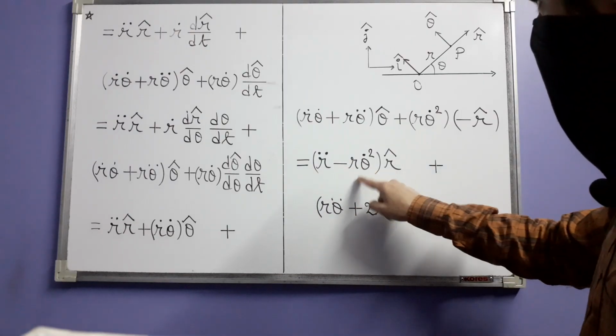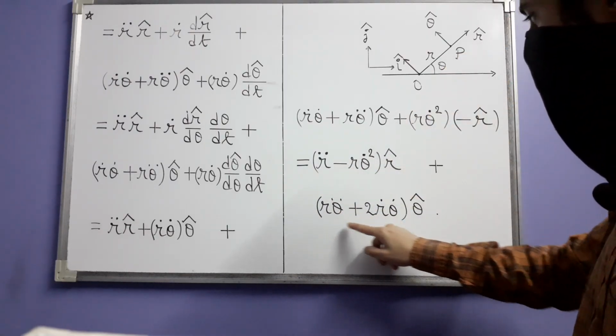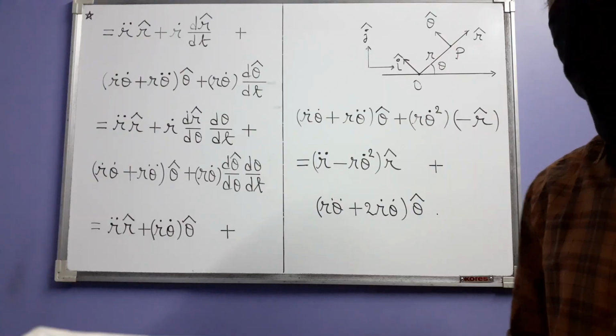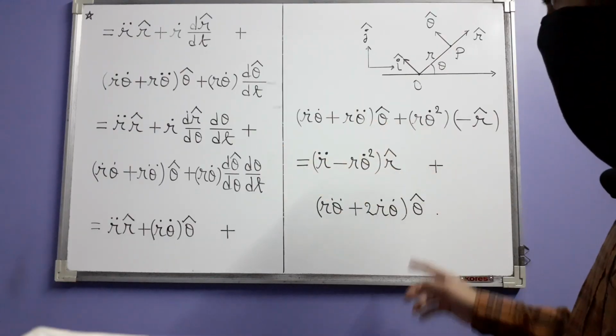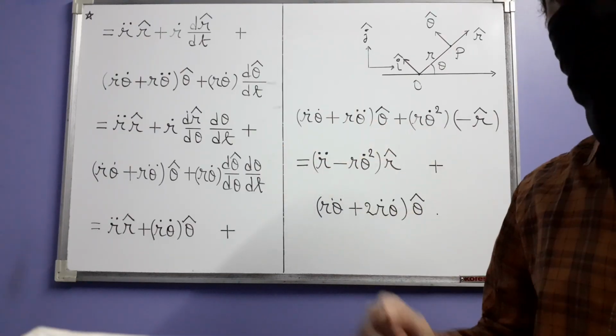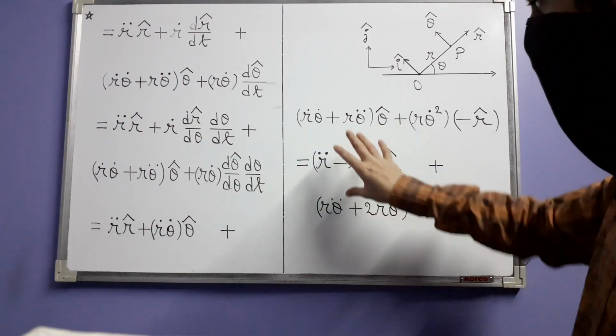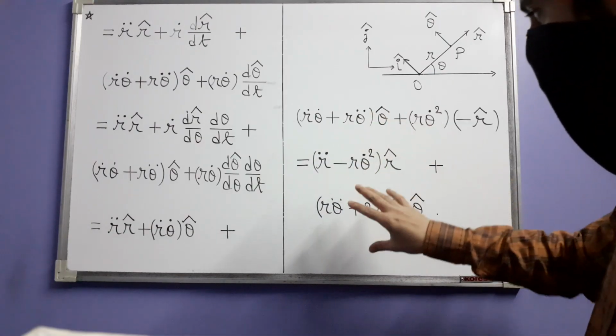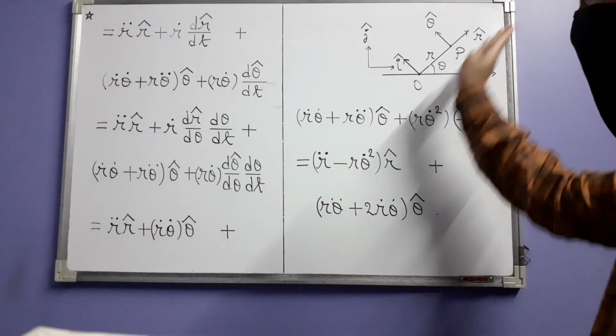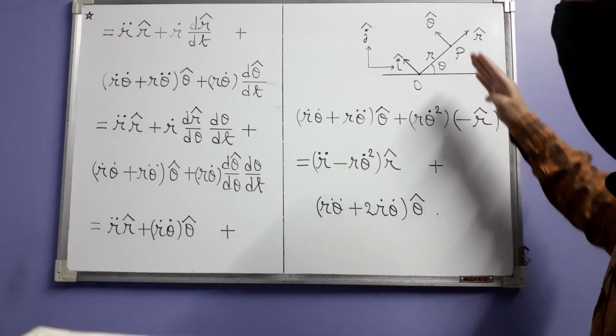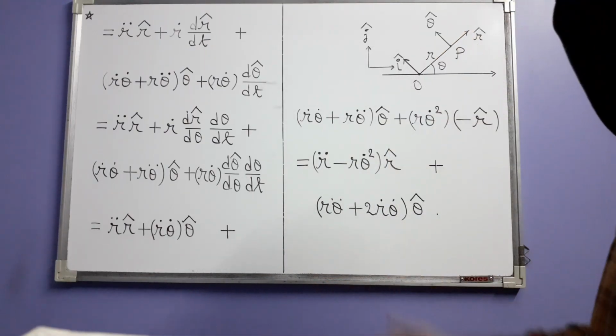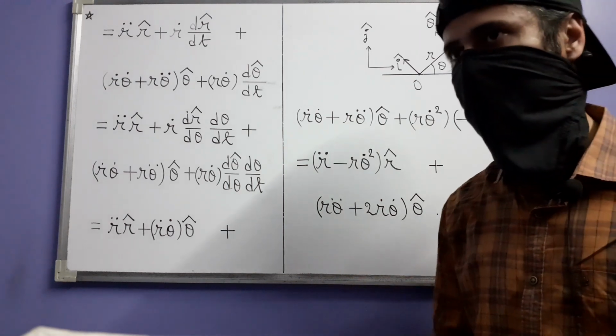This is the radial component and this is the transverse component. The total acceleration is a linear combination of these two vectors, a sum of two vectors, one along this line, the other one along this line. It looks pretty complicated, but that's how things are.